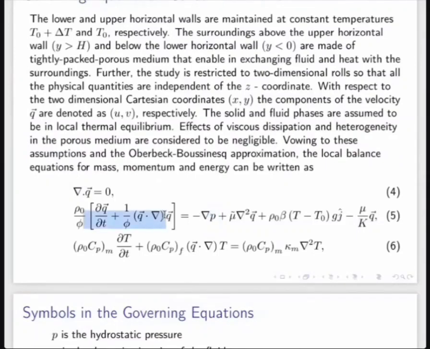So the left-hand side represents the rate of change of momentum, and the right-hand side is the net forces acting on the fluid element. Okay, so the balance of the two gives the equation of motion for the fluid, which is in general known as the Navier-Stokes equation. And equation 6 is known as the energy equation, and it comes from the conservation of energy. And equation 4 is the continuity equation, simplified for the incompressible fluid.